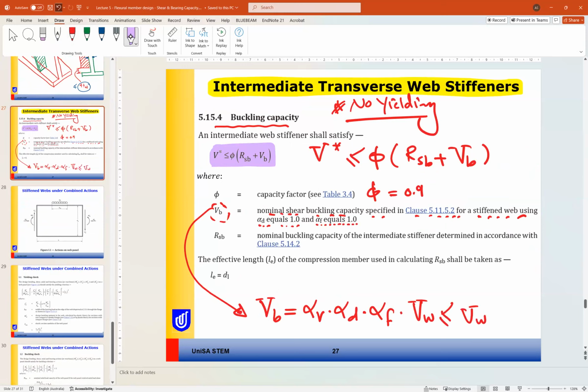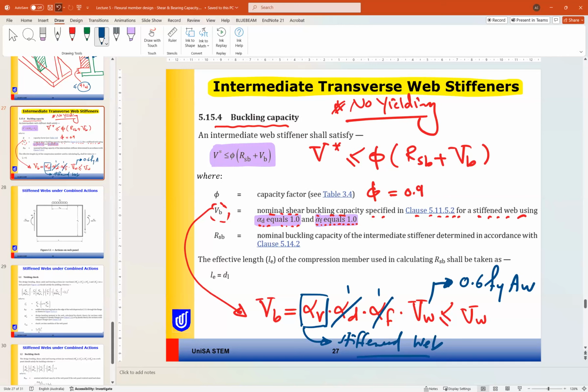So we will replace alpha D with 1, alpha F with 1. So this will be 1, this will be 1, and you need to find alpha V for stiffened web. Alpha VW already we know, 0.6 F yield AW. So you can find VB.